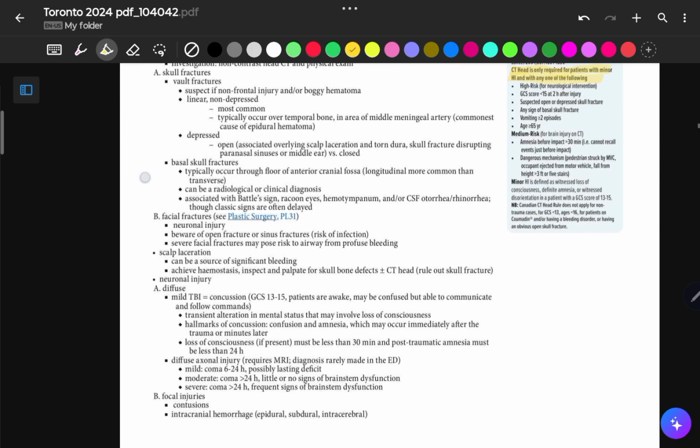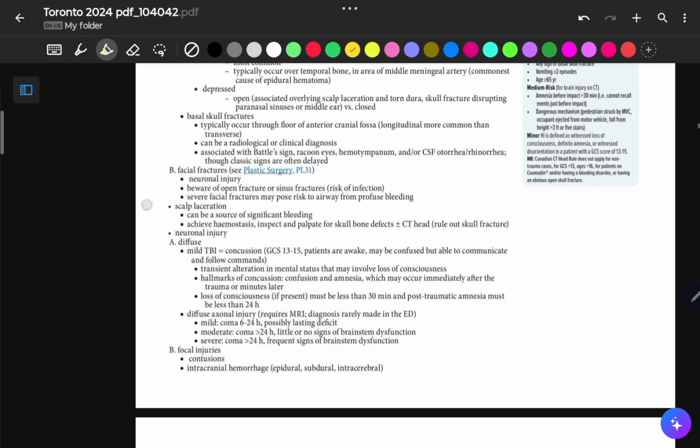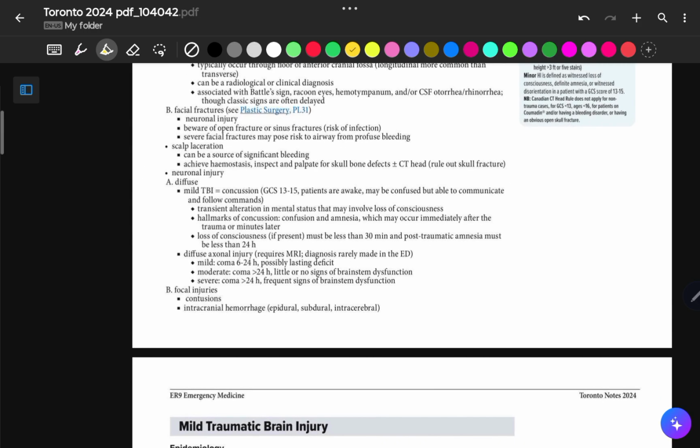While looking at head injury, a patient can also present with neuronal injury, looking more at your brain. They can have two types: a diffuse neuronal injury and a focal neuronal injury.